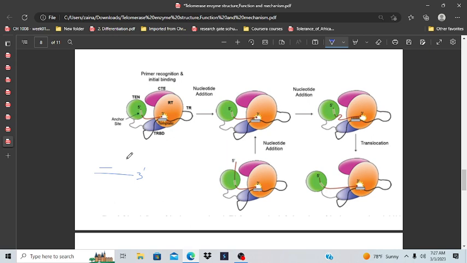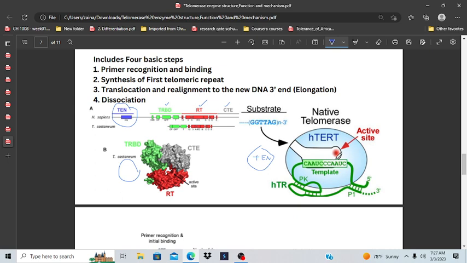So first, the 3' end of this binds to the catalytic site in the reverse transcriptase domain. Now what is this protein drawn here? It is the TERT, the catalytically active protein. It binds to the reverse transcriptase domain here. You can see the inbuilt template is here, and here comes and lies the 3' end.